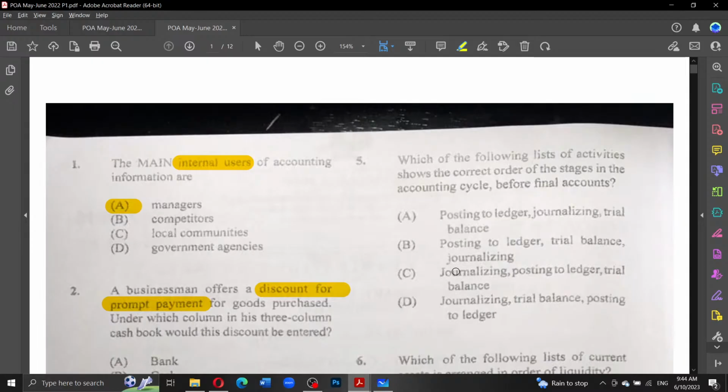That is journalizing, so it will fall under C. The answer will be C or D. After you enter information in the daybook, the totals will be posted to the ledgers, and also the individual amounts. After you get the ledgers, then you draw up your trial balance. This answer here will be C.